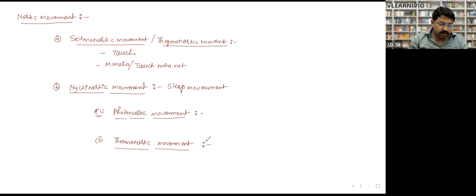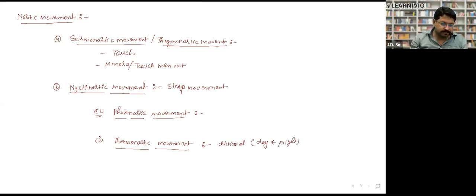The diurnal variation, diurnal means day and night.